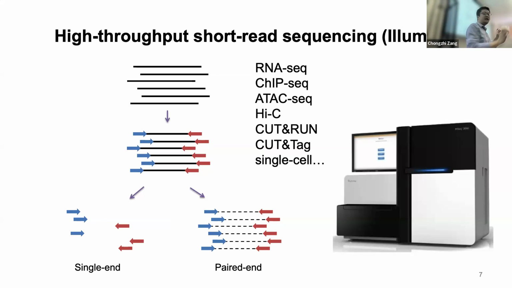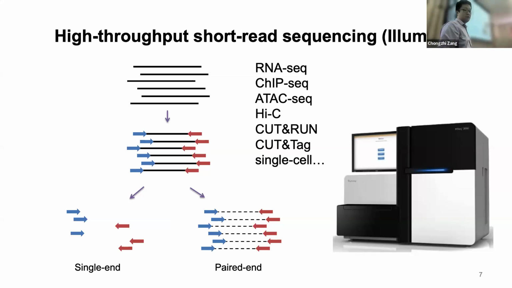The sequence read, this blue or red part, is just the end of the sequence, and usually it's equal length. Nowadays, most reads are about 150 base pairs on both ends, regardless of the entire length of the DNA fragment. So keep in mind that short read sequencing doesn't guarantee to give you the sequence of the whole DNA fragment, but can only give you one end or both ends of the DNA fragments.